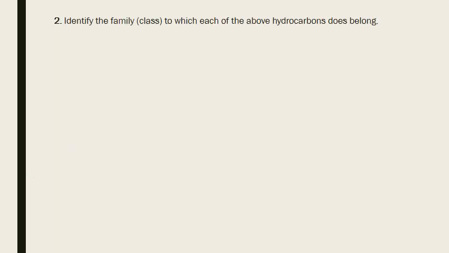Then it says identify the family or class to which each of the above hydrocarbons belongs. So if it's an alkene or an alkane. A, we saw that it is C2H4 from the previous slide.